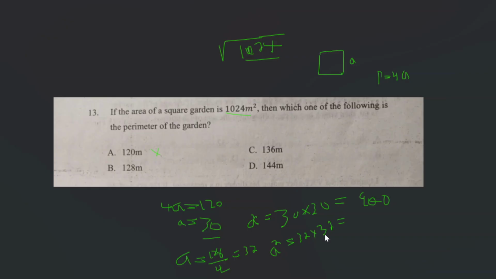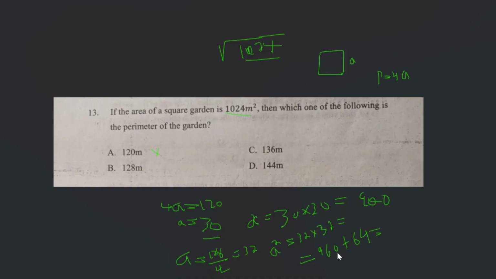For example, 32 times 30 plus 32 times 2, which is going to be 32 times 30, which is going to be 960, plus 32 times 2, which is actually going to be 64.